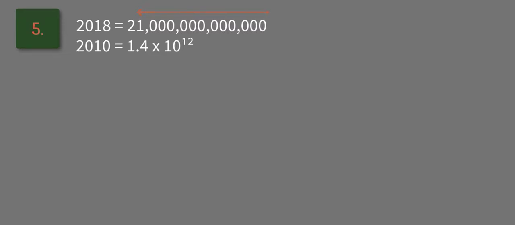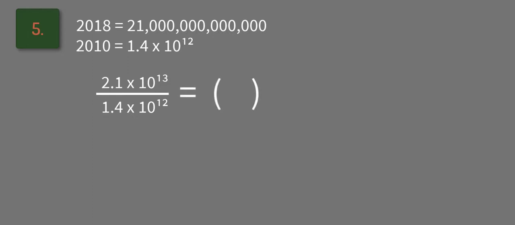So we have 2.1 times 10 to the 13th divided by 1.4 times 10 to the 12th. Now we divide it up into the numerical values and into the powers of 10. So we have 2.1 divided by 1.4 times 10 to the 13th divided by 10 to the 12th.